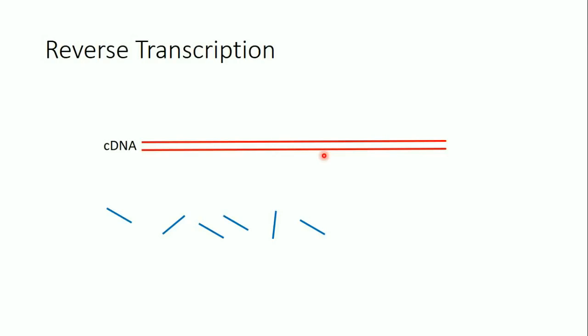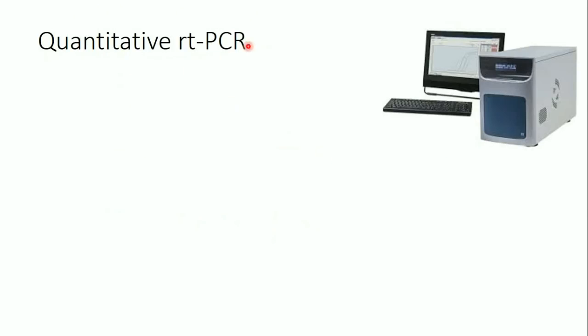Now you know that in real-time PCR, the spectrofluorimeter measures the amount of DNA in the sample continuously during the PCR process. But how can I get the data? Real-time PCR is quantitative.